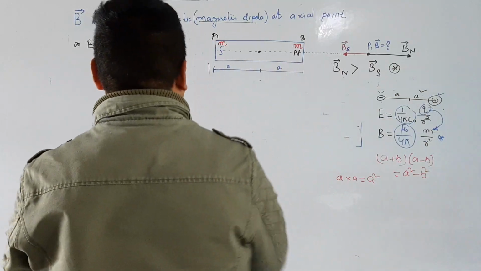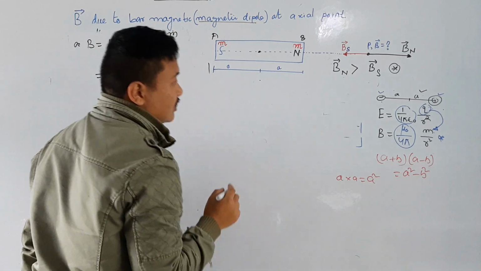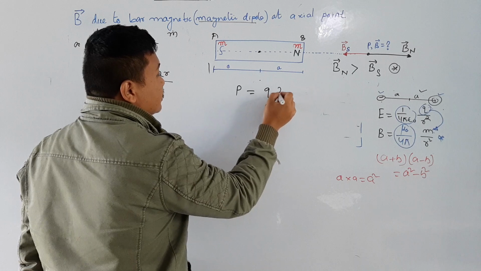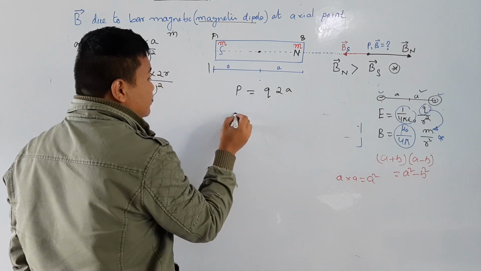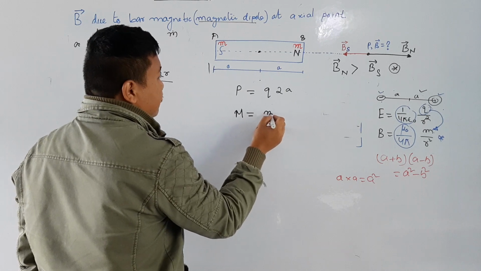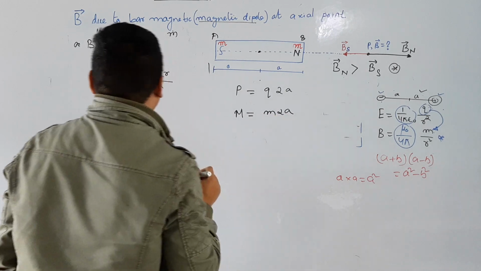Now what I want to tell you here is very simple. We know this P, electric dipole moment, is Q into 2A. Similarly, we have also done this magnetic dipole moment M is equal to m into 2A.